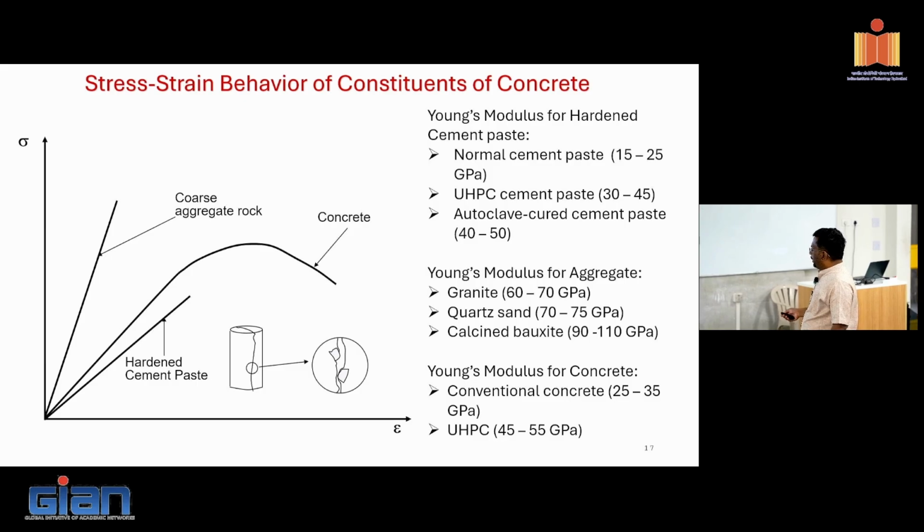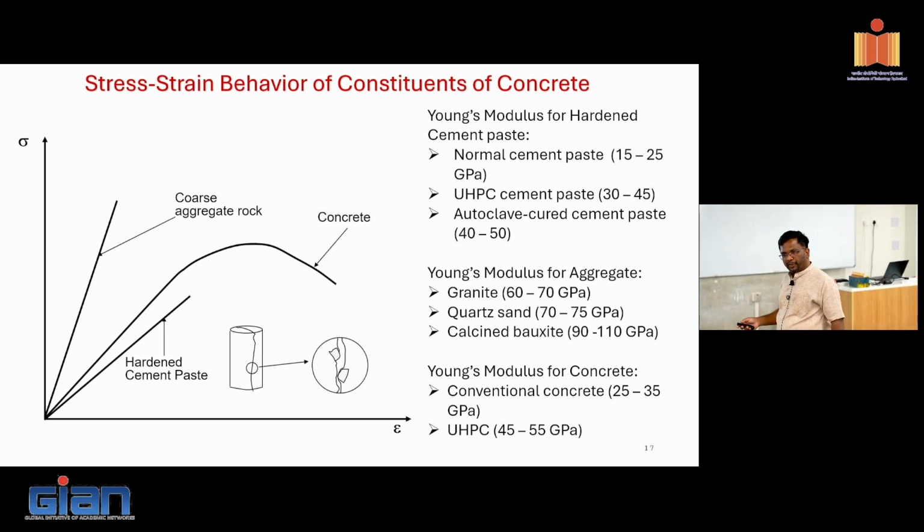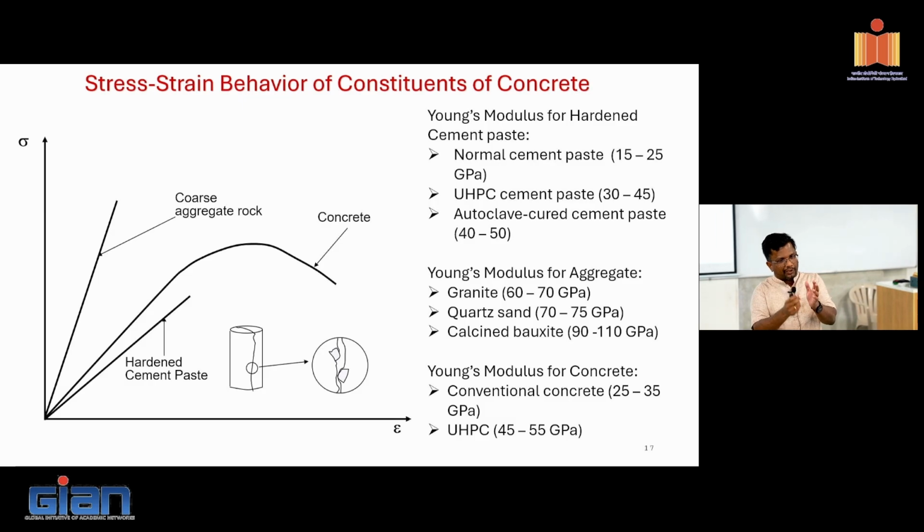So for flexural members, it is the flexural rigidity, E into I, that will govern the performance, the stiffness. But in a typical reinforced concrete, I will use I cracked. The cracked moment of inertia is roughly about 15 to 20% of your gross moment of inertia, right? When I use UHPC with pre-stress, E is also higher.